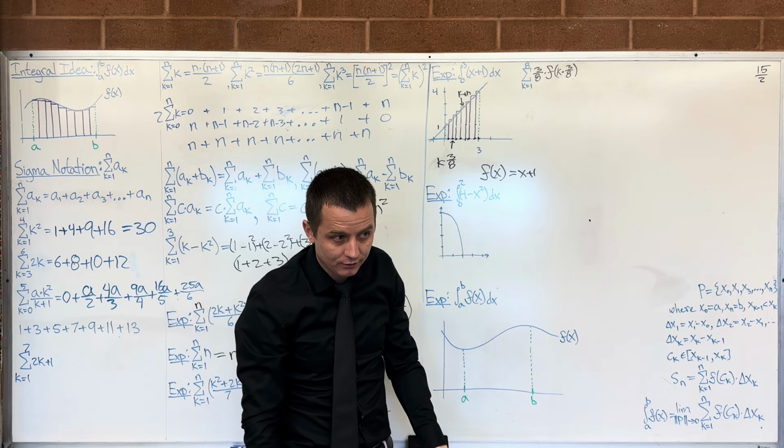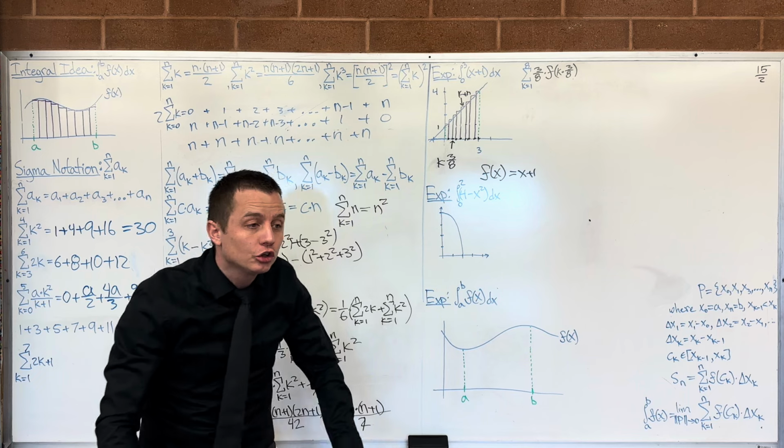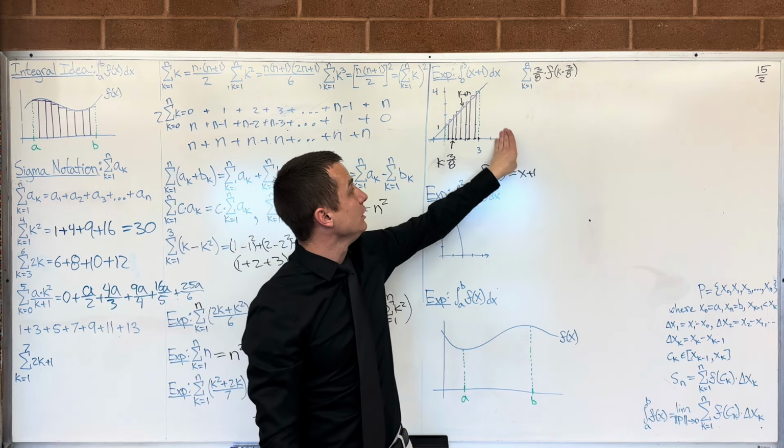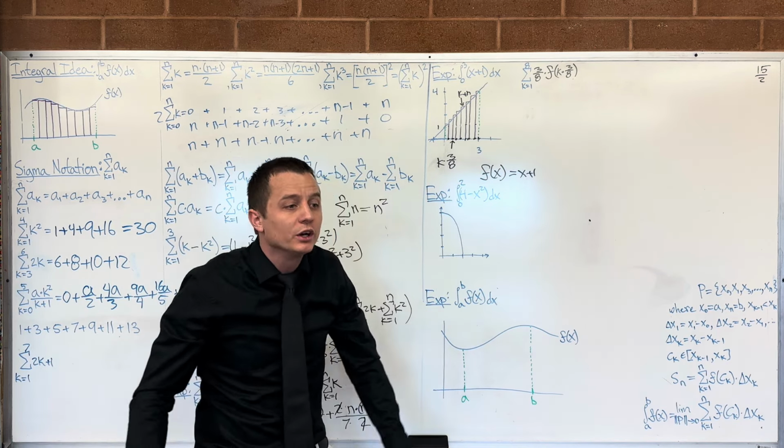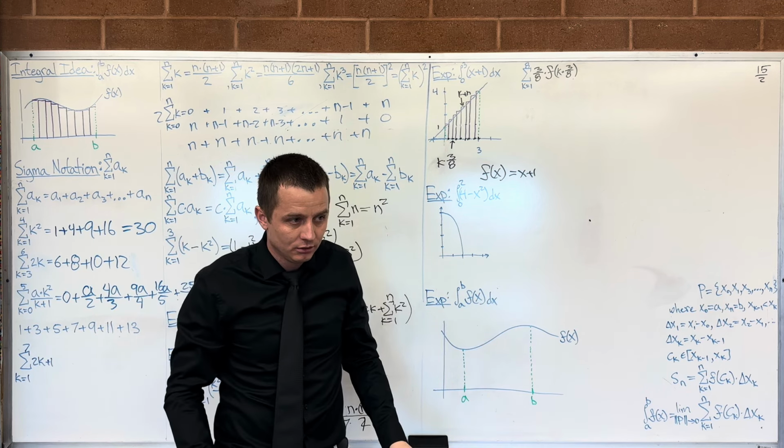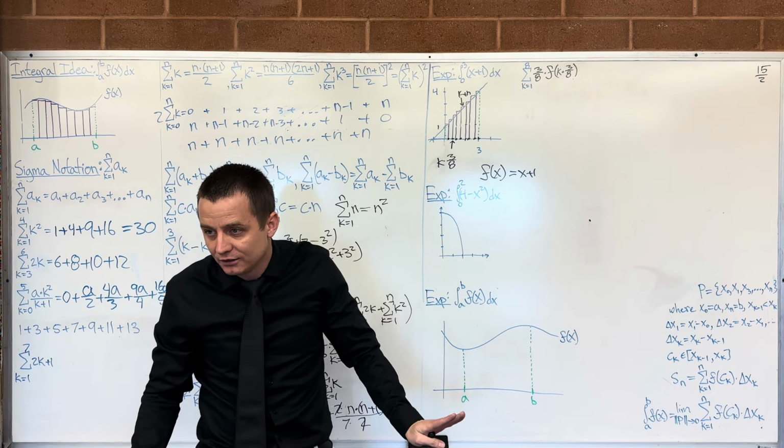You with me? Okay, now we're going to redo this process, but rather than using some fixed number 8, we're going to use n of them, rather than some hard-coded number 8.